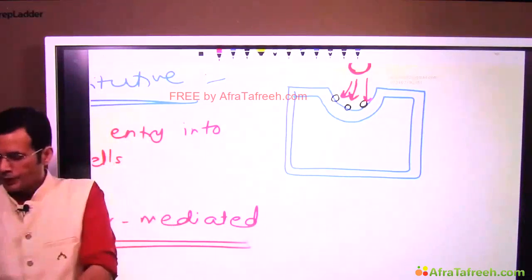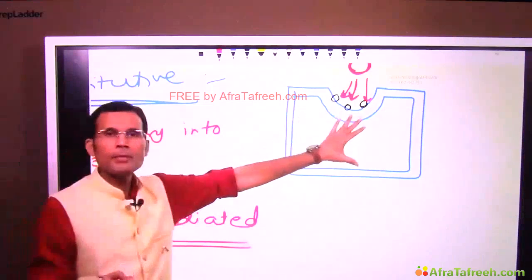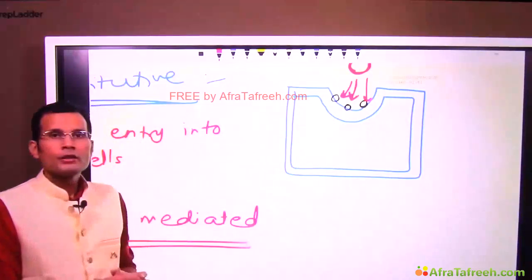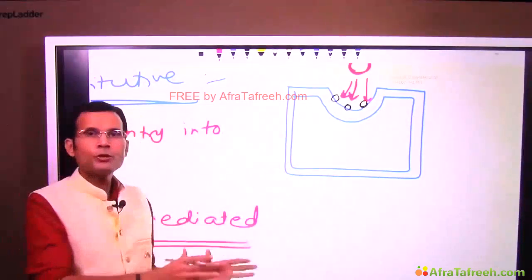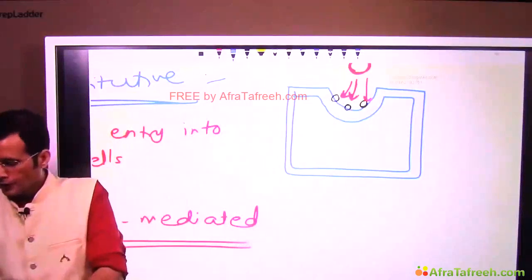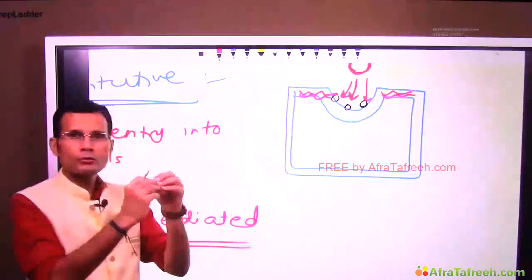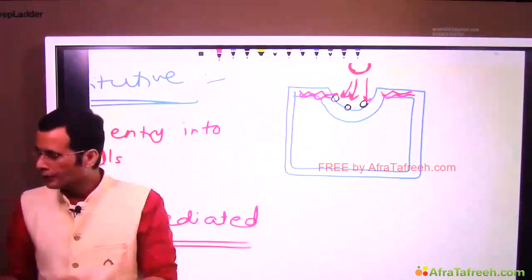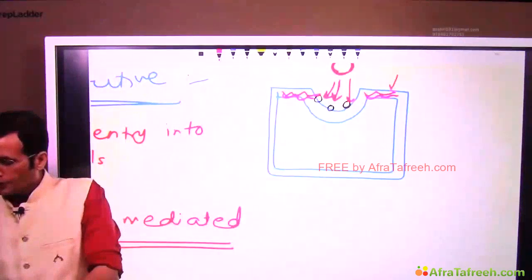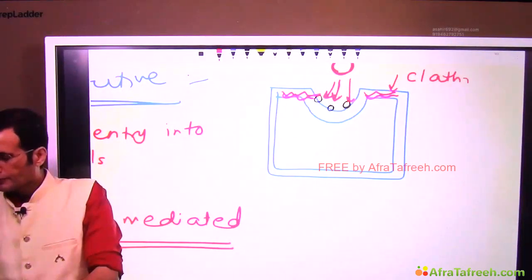Next, this pit in the membrane, look, this is called a clathrin coated pit. There is a fibrillar protein in the membrane, long fibrils, called clathrin.